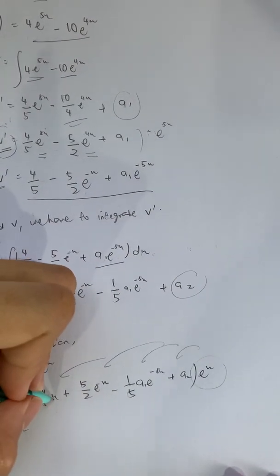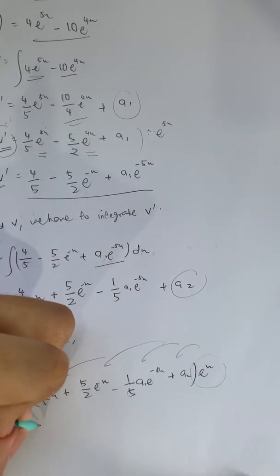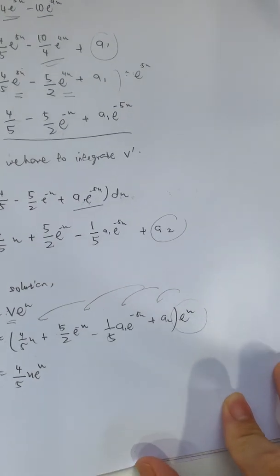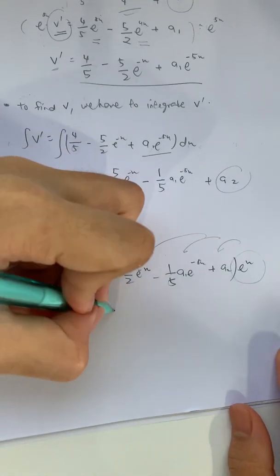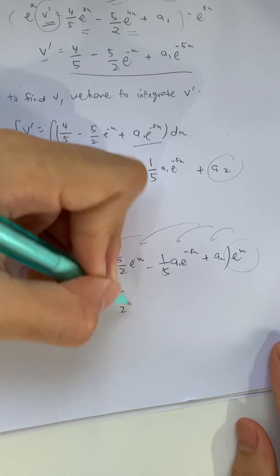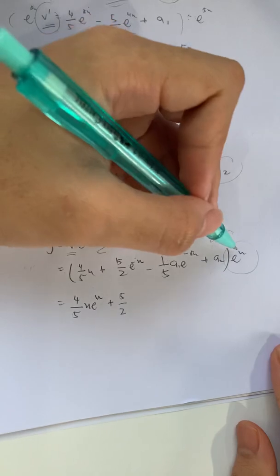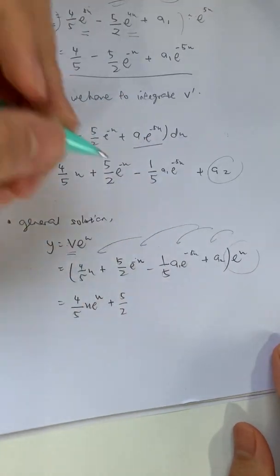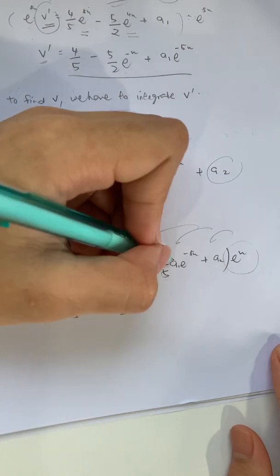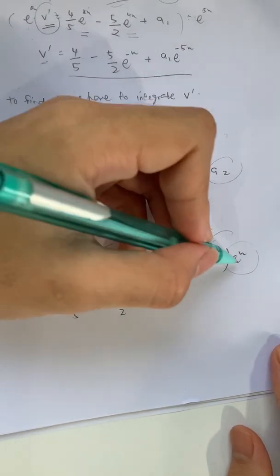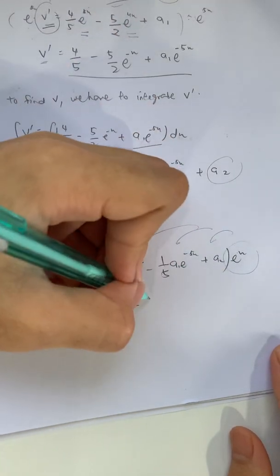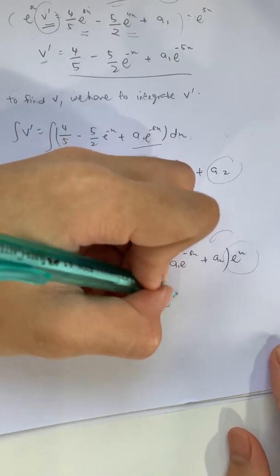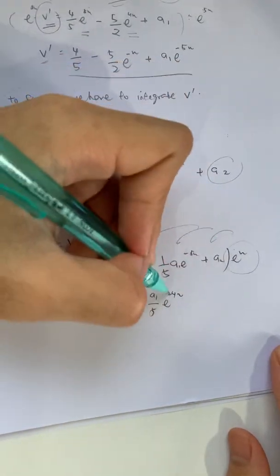So 4 over 5x times exponential x, we get 4 over 5x exponential x, and then plus 5/2 exponential x. Then minus 1 over 5 a1 exponential negative 5x times exponential x, we get negative a1/5 exponential negative 4x, because negative 5 plus 1, we get negative 4x.